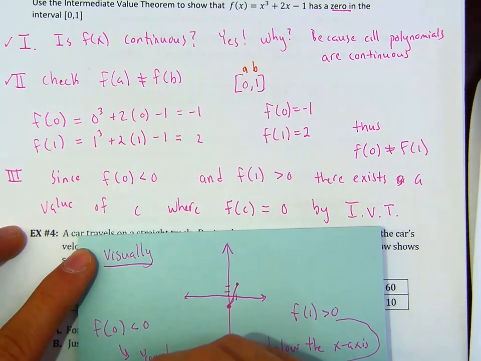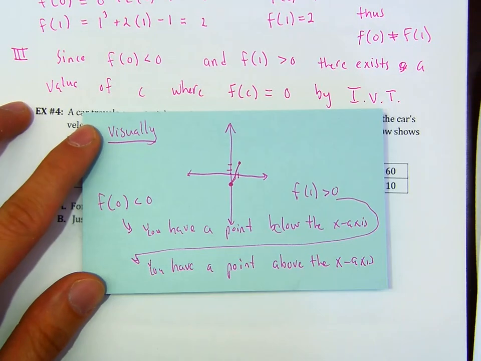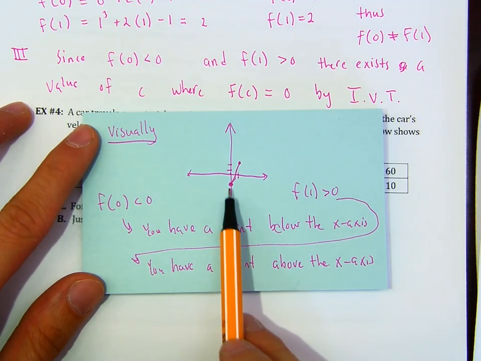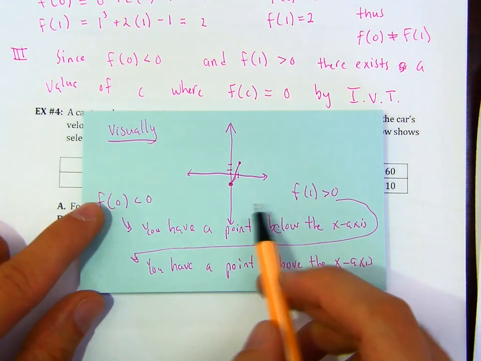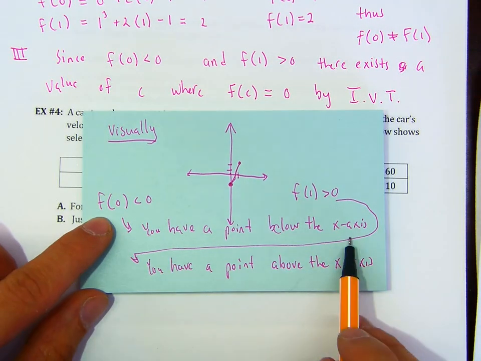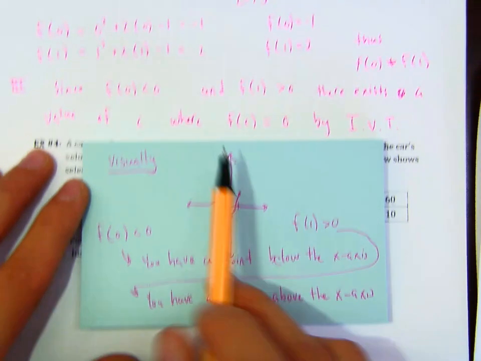This is saying you have a point above the x-axis. Oh, sorry, I'll show it again. You see here, if I have this point, f of 0, and f of this point here, one of the points is below the x-axis and the other is above the x-axis. This is what it's saying.